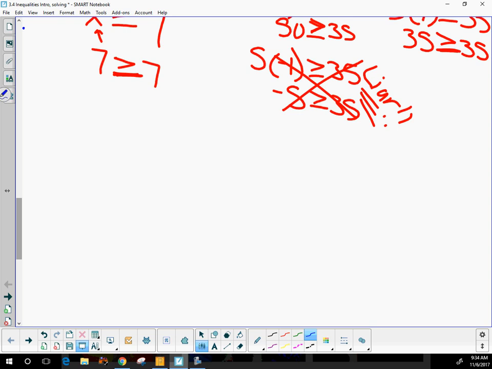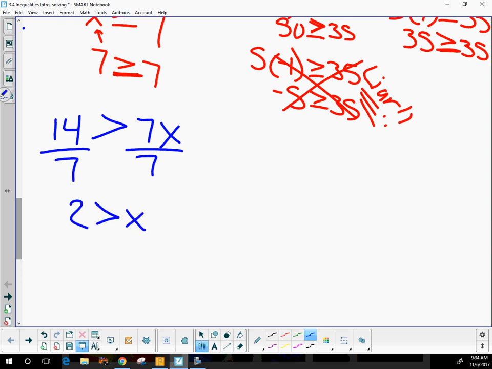If I add 14 is greater than 7x. Now the math on this obviously is pretty easy. Okay, we would divide both sides by 7, divide both sides by 7. And I know you're thinking, Miss Wilger, why is this so challenging? You're just going to come over here.